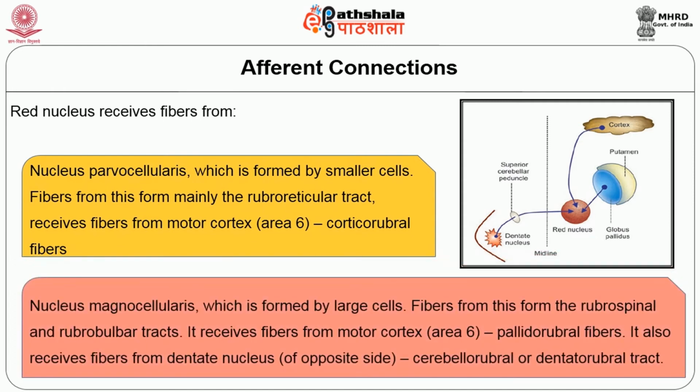And the next one is nucleus magnocellularis, which is formed by large cells. The fibers from this form the rubrospinal and rubrobulbar tracts. It receives fibers from globus pallidus, that is pallidorubral fibers. It also receives fiber from dentate nucleus, that is cerebellorubral dentorubral tract.